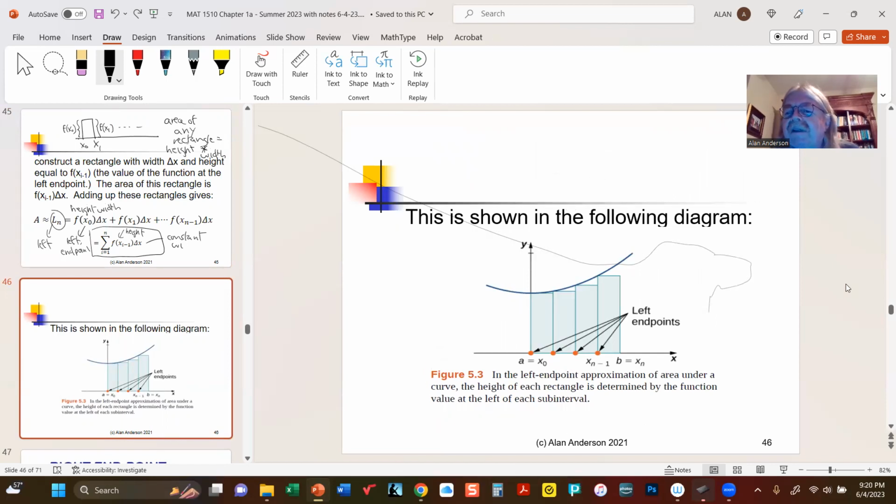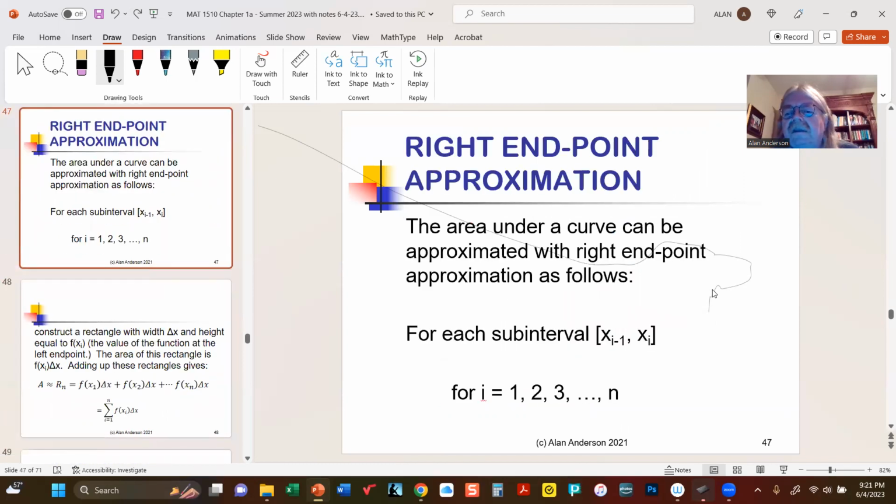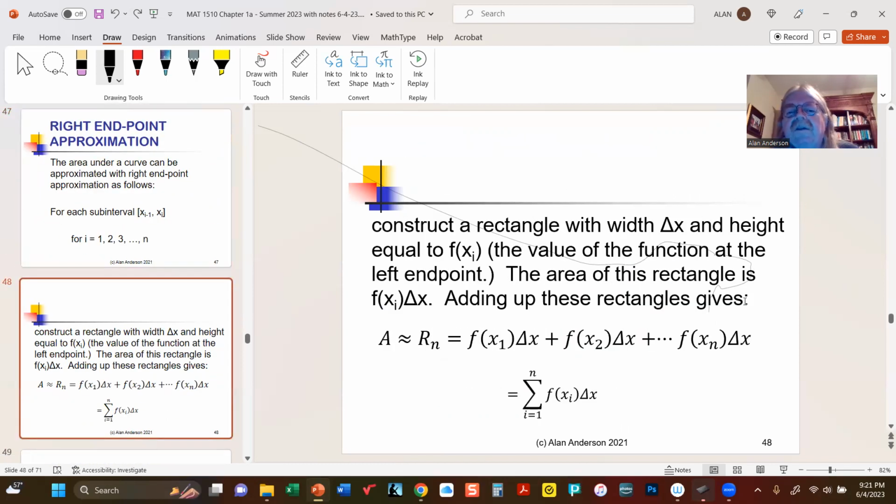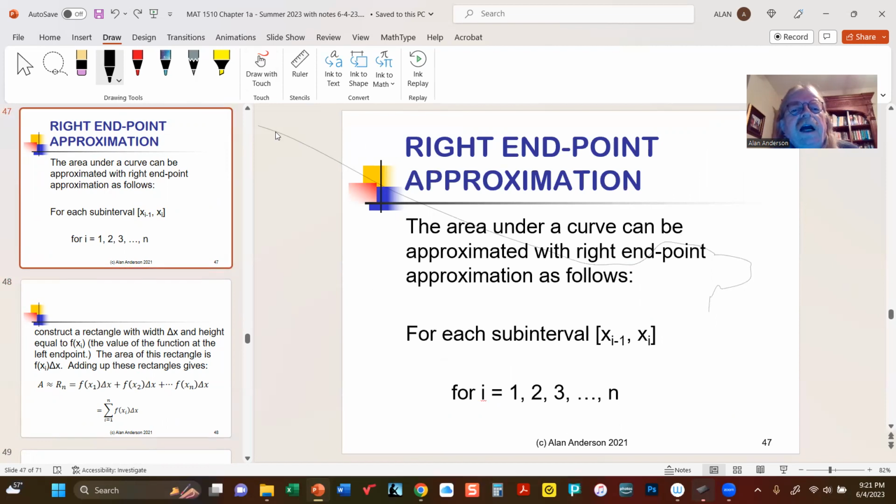I'm using a tablet. You can't see it, but I'm using a tablet, and it can be incredibly annoying. I don't even know how that got there. Let me do this. It's doing that on every slide.